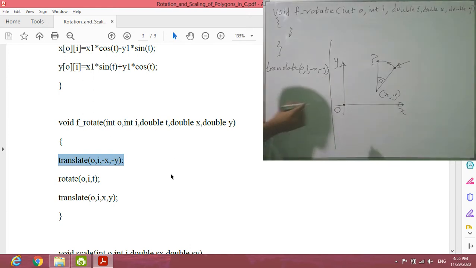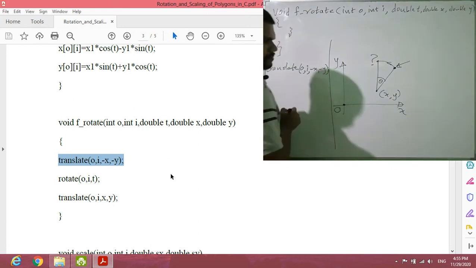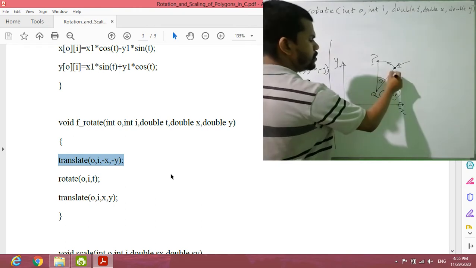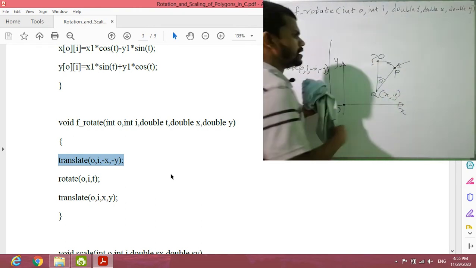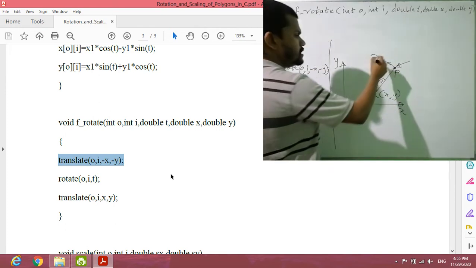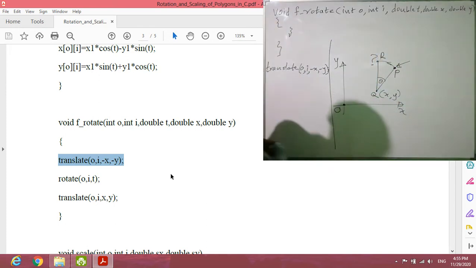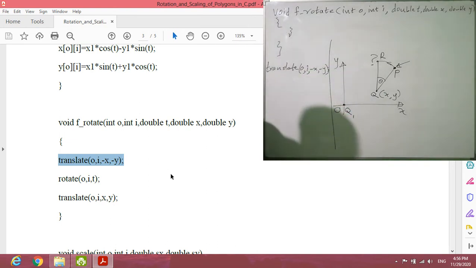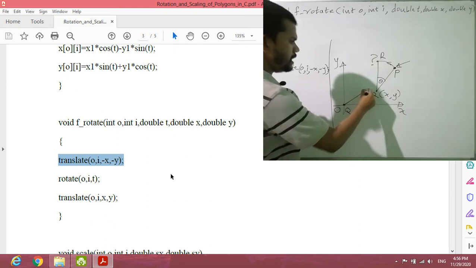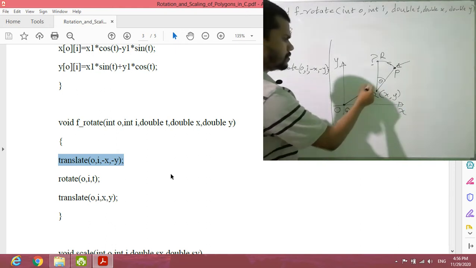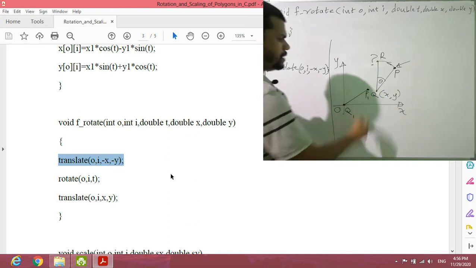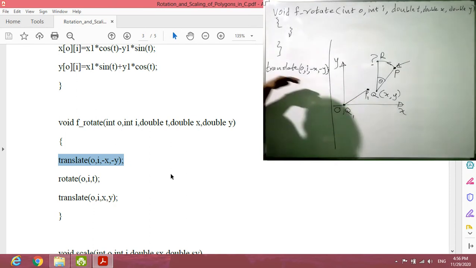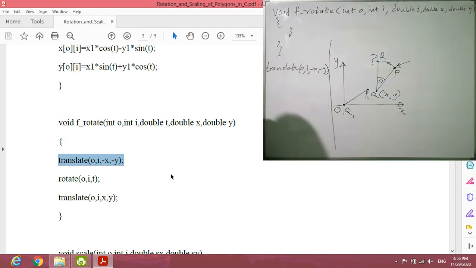Then this point will come to here. Understood? Now let's say this is our point Q, this is P, this is R. Now Q comes here, Q's first position. Now P is here. First we translate P1, let's say P1. Now our point is here after applying this particular operation.